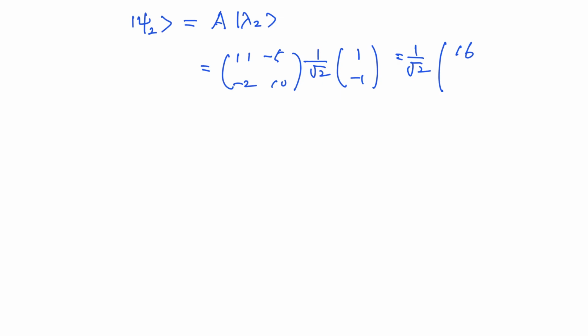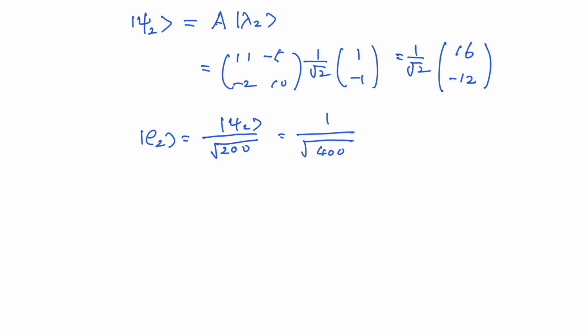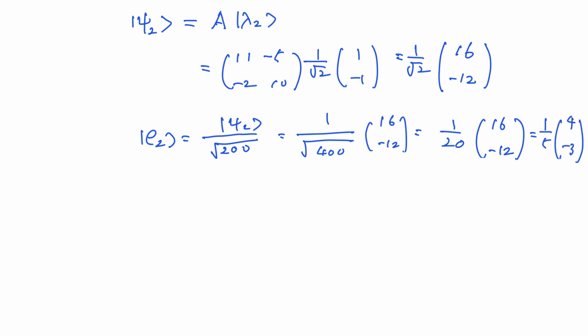And minus 2 minus 10 is minus 12. So e_2 is psi 2 divided by the square root of 200, which gives 1 over 20 times (16, -12), which is 1 over 5 times (4, -3).